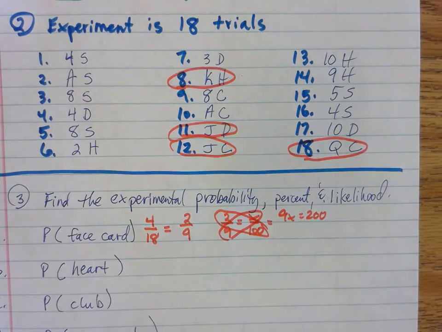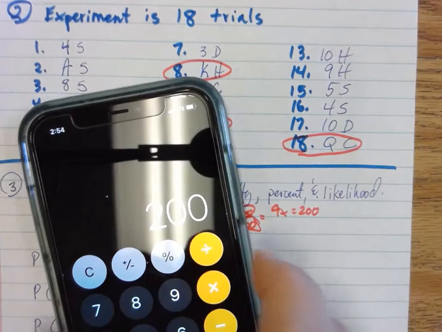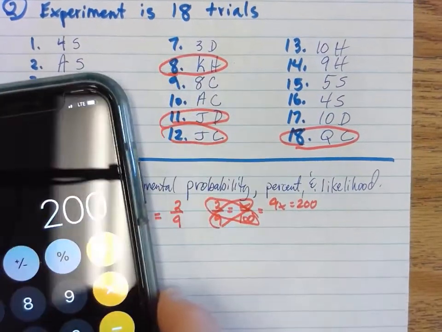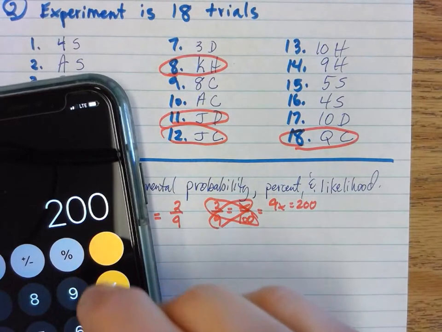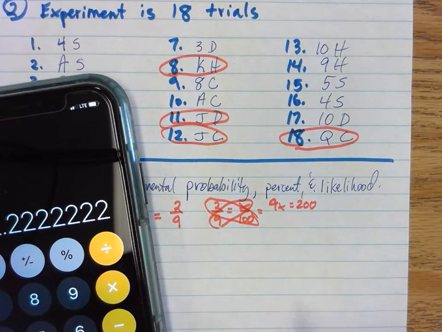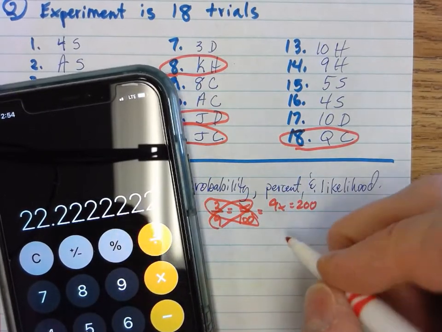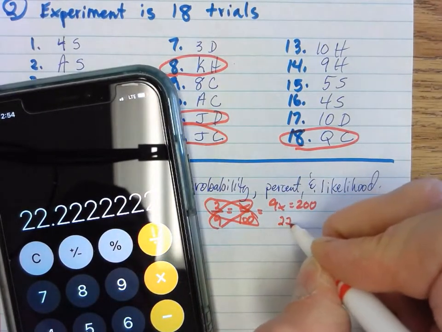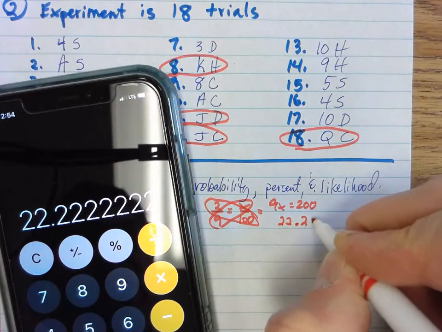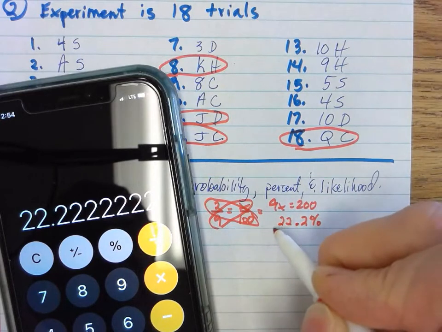That looks like it'd be 22.2%. Again, make sure you go to the nearest tenths place.